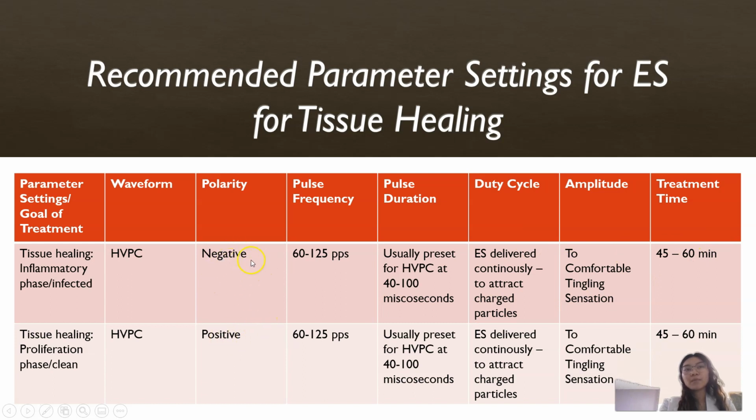Doon nagkakaiba. So, if you would want to improve inflammatory phase and infected wound, you make use of negative polarity. Tapos, ang pulse frequency to be used is 60 to 125 pulses per second or hertz.